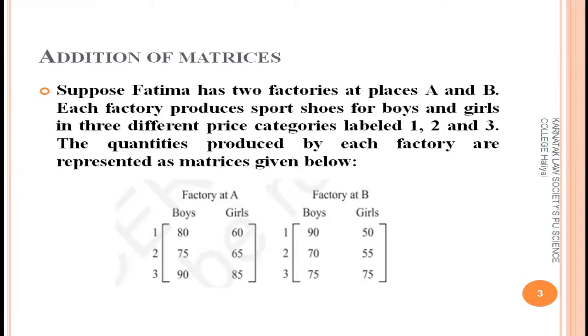Then we have to add the corresponding elements. That is, the sum of two matrices is a matrix obtained by adding the corresponding elements of the given matrices. But before doing addition we need to check whether they are of the same order or not.